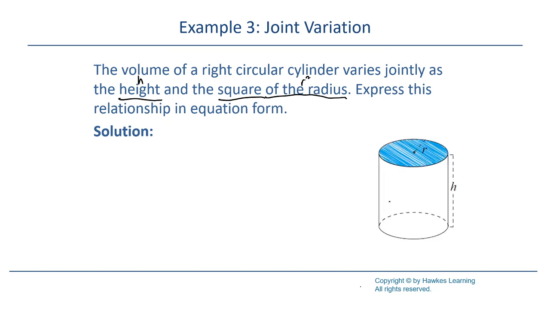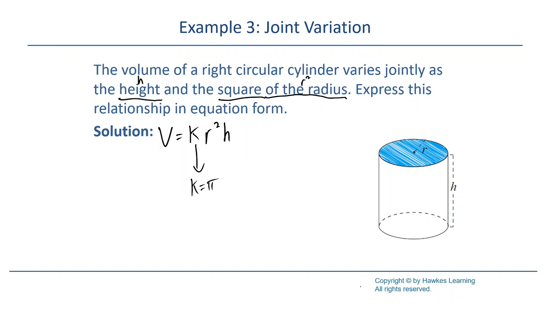So if these vary jointly, then v equals a constant times the radius squared times the height. Now this should look very familiar. This is the volume of a cylinder, so k will equal pi.